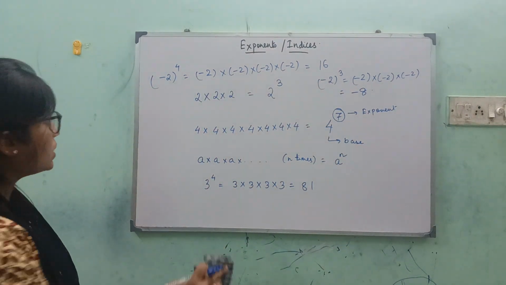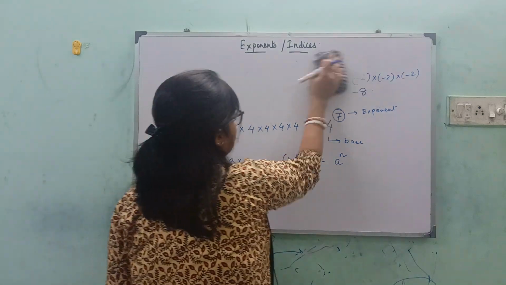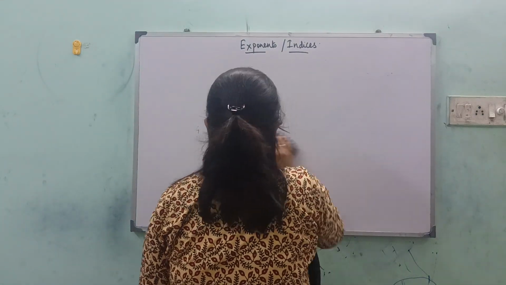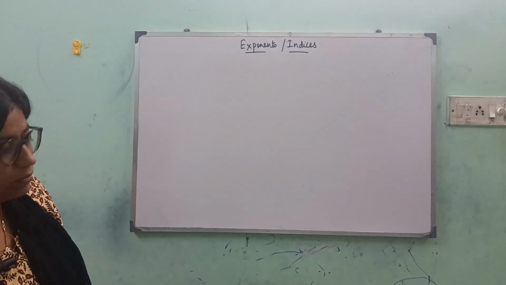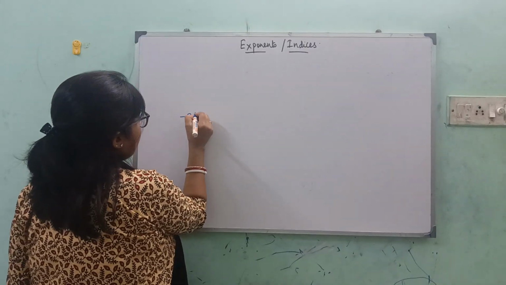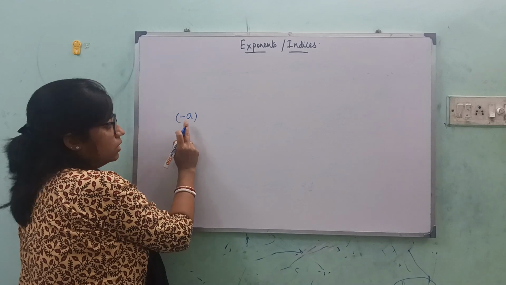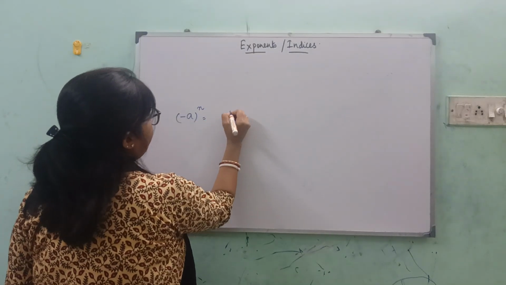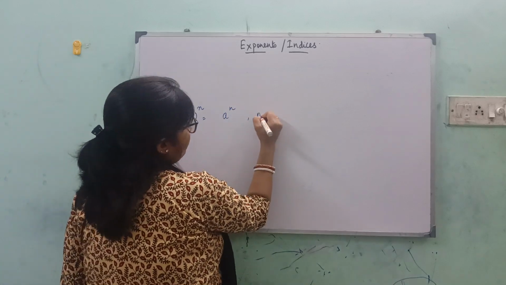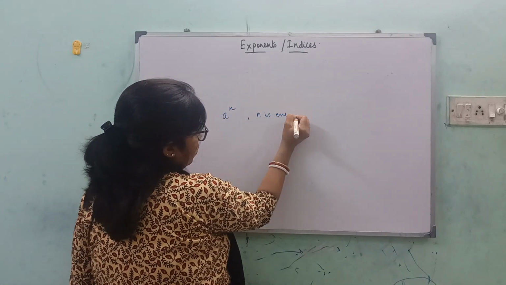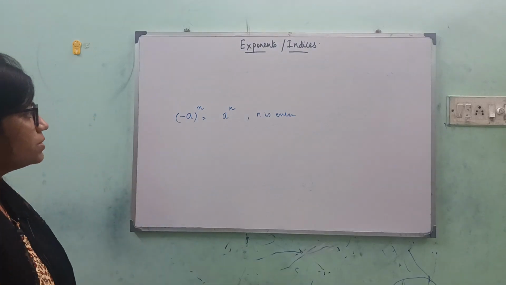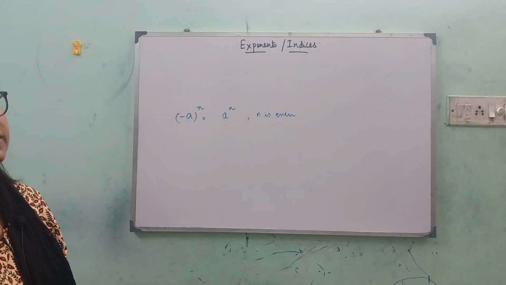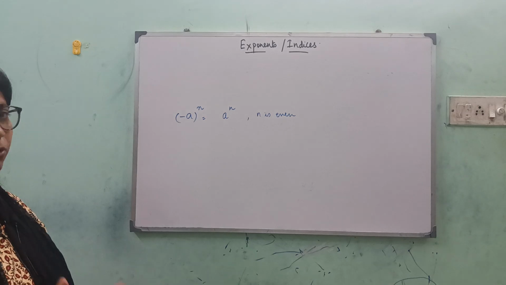So in general, if minus a, a number with the sign minus, is raised to the power n, this will give you a to the power n as the answer if n is even. Why? For an even number of terms, the minus sign gets converted to positive. For each pair you have a positive sign.